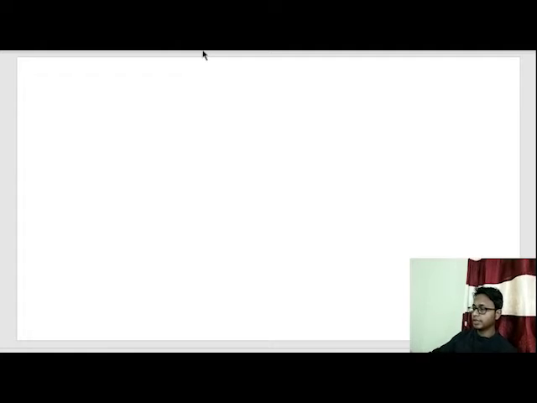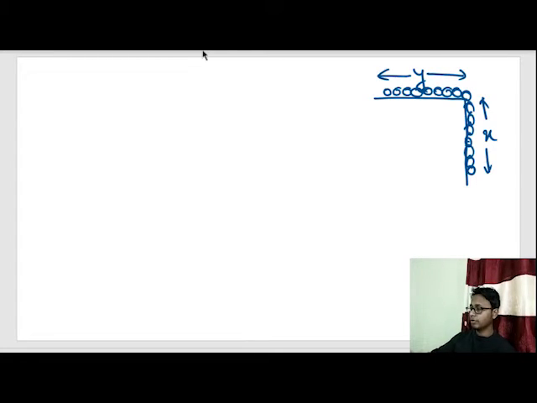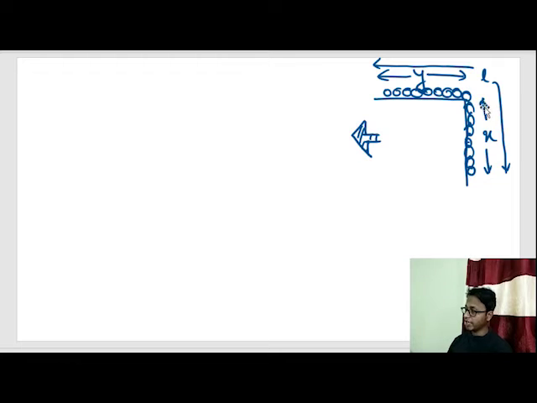Now, in the next body, this was our chain. This was X, this was Y, X length, Y length, and the total length of chain is equal to L. And mass per meter of the chain is equal to M by L kg. Now, can I convert this X part into a separate body?